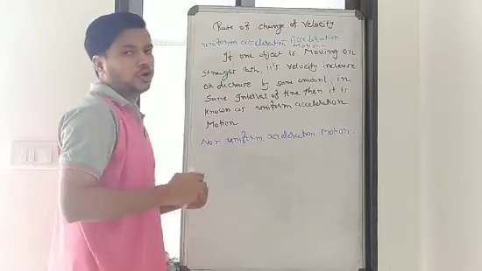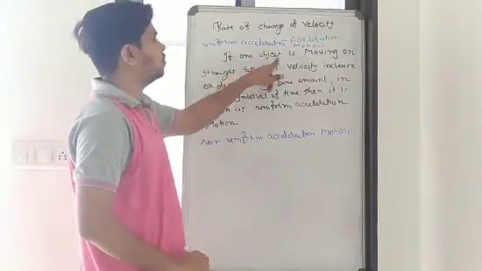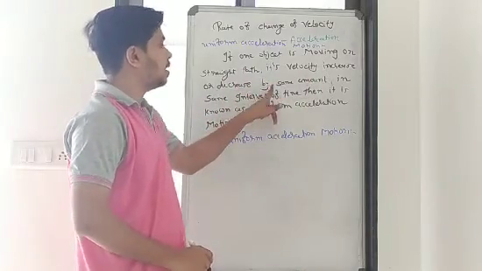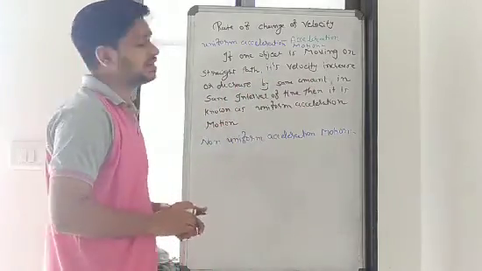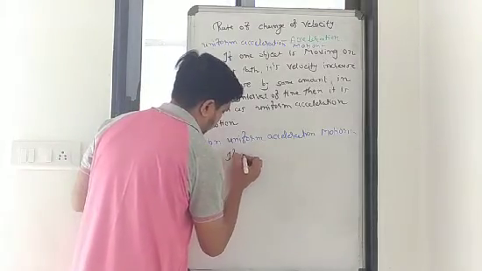Here it is non-uniform. What's happening in non-uniform? If an object is moving on a straight path, its velocity increases or decreases by different amounts in the same interval of time.